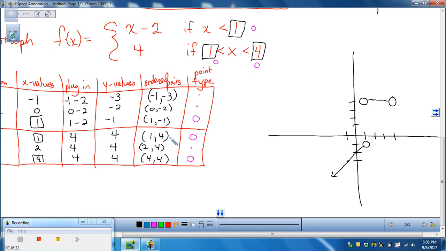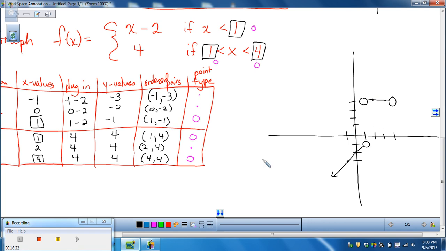Second line, (1, 4), plotted that point. It was one of my endpoints. (2, 4), just a regular point in between, and (4, 4) was a point on the end. Since I have 2 endpoints, I've got a segment in between, just like in geometry. And notice that this is a horizontal line because the y value is always 4.